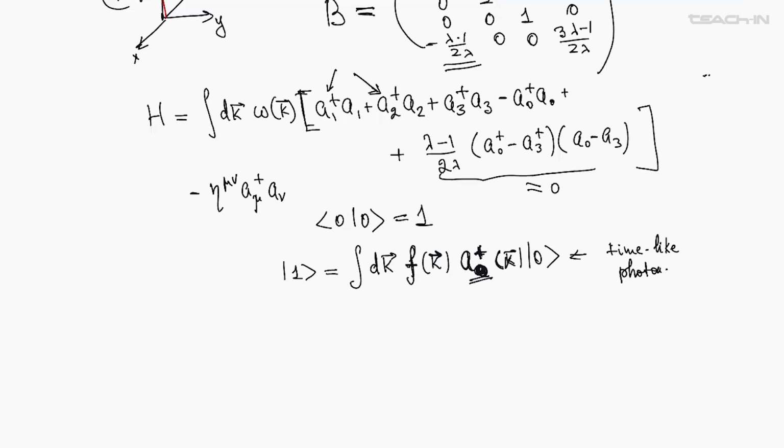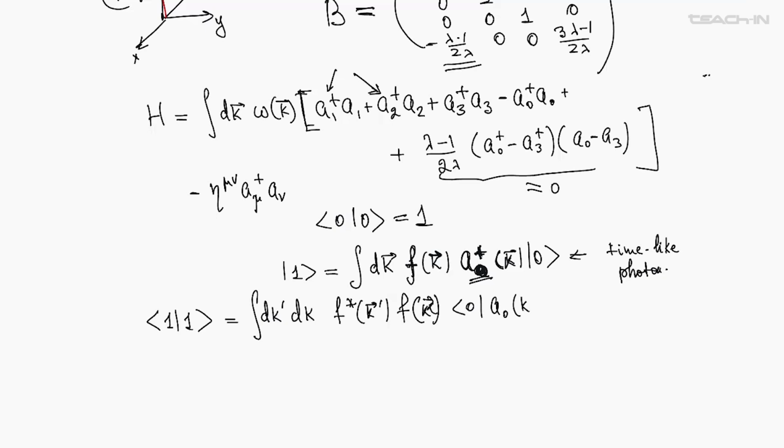And we see that this is the integral dk prime dk f star on k prime f on k, and then there is 0 a0 on k prime a0 dagger on k vacuum.